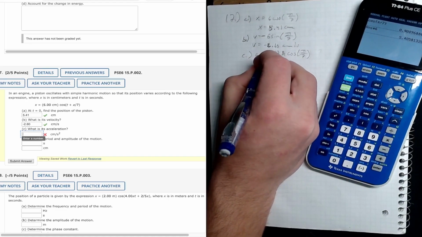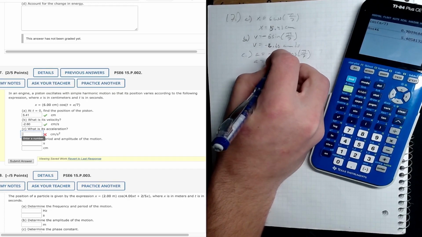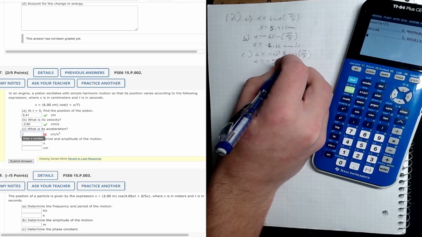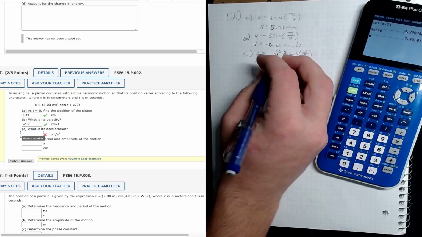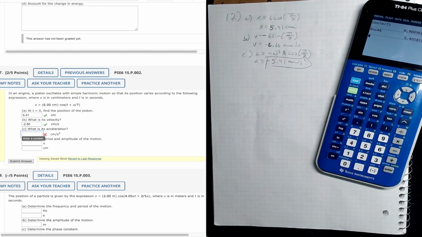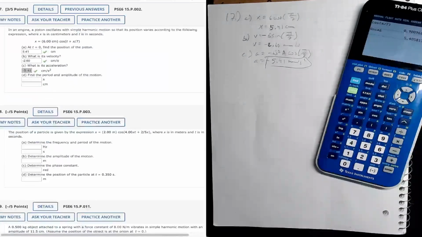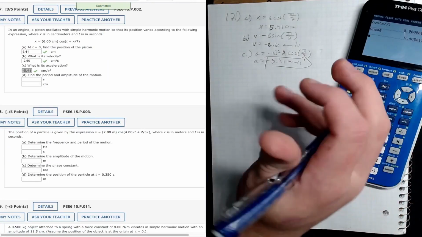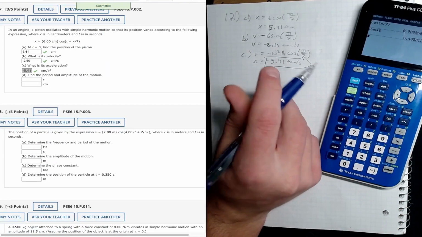So our acceleration is going to be negative 5.41 centimeters per second squared. This is my last attempt, unfortunately, because I messed up twice because I was being very dumb. So we'll just hope this works. And as I thought, yes, it works. So that's, guys, how you do the acceleration as well.